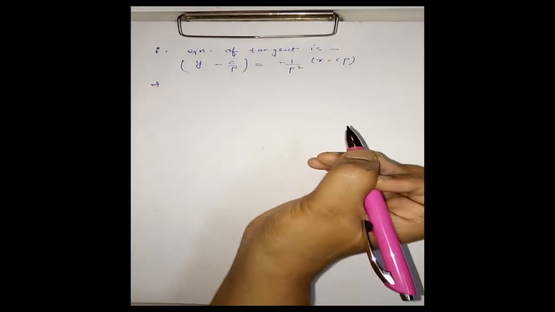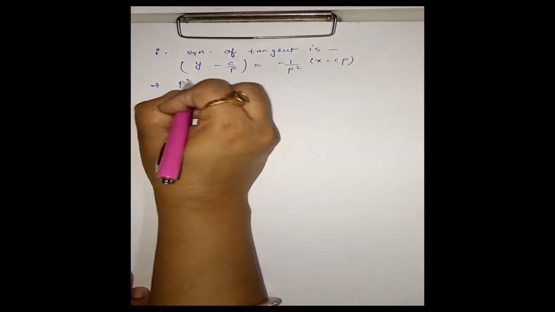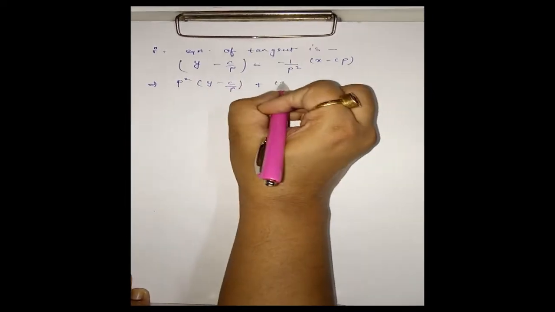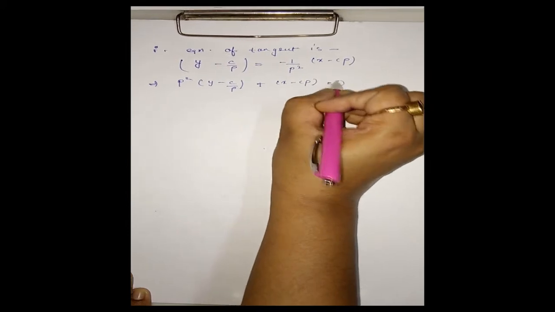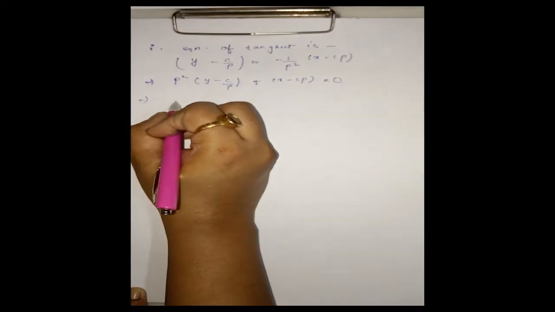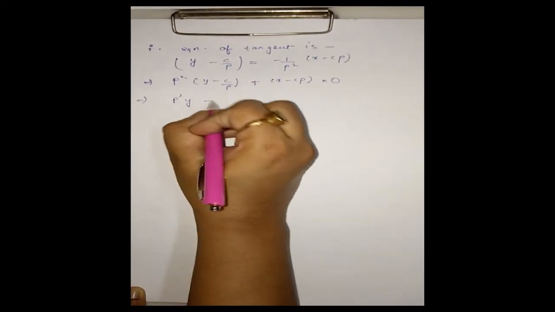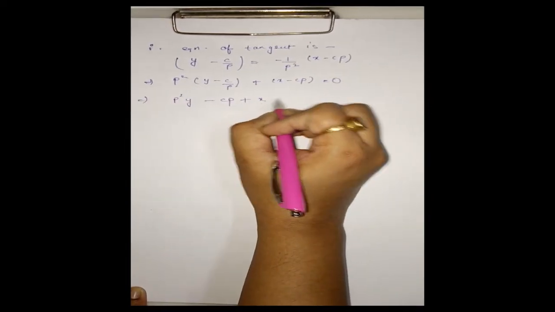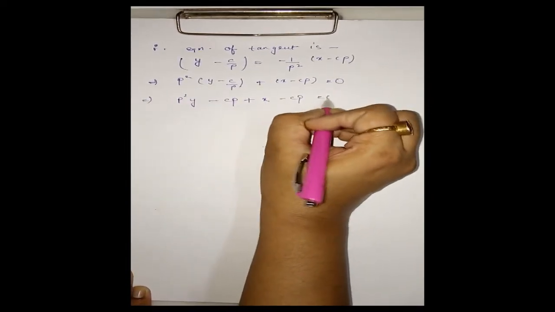This can be written as p square y minus cp plus x minus cp is equal to 0.